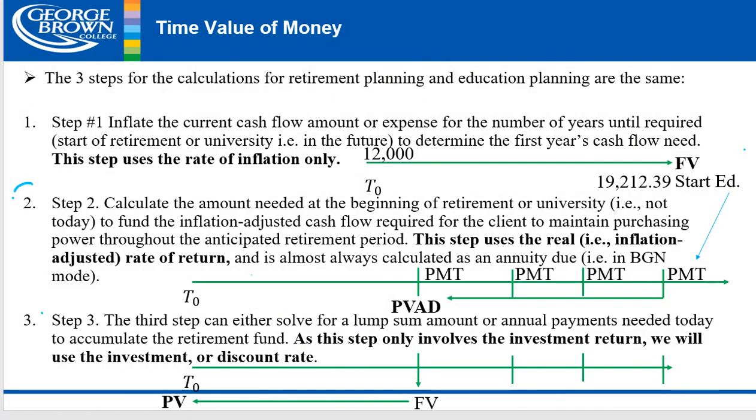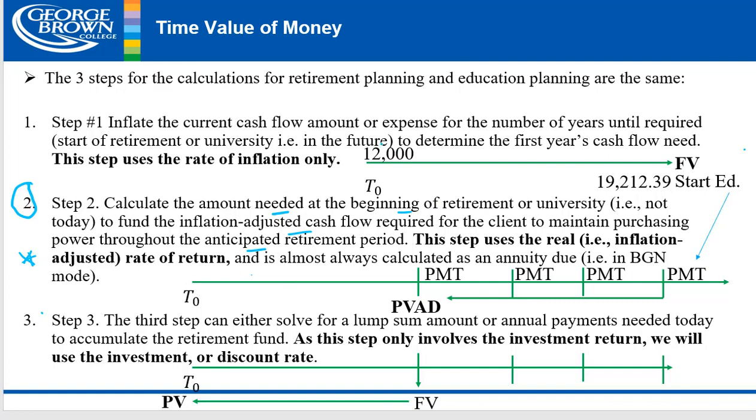So now we're moving on to step number 2. In step number 2, we're going to calculate the amount needed at the beginning of retirement or university, i.e. not today, to fund the inflation-adjusted cash flow required for the client to maintain the purchasing power throughout the anticipated retirement or education period. So this step uses the real inflation-adjusted rate of return, which we just showed in the previous slide.